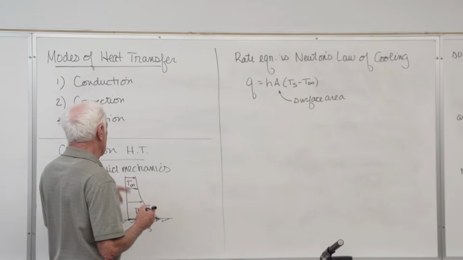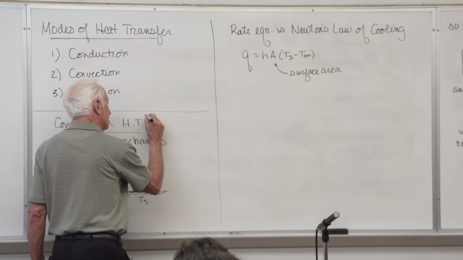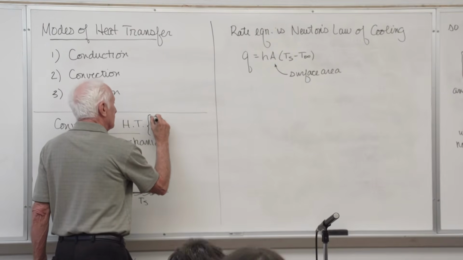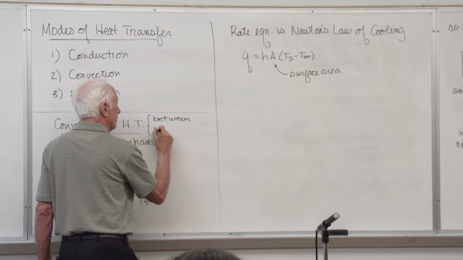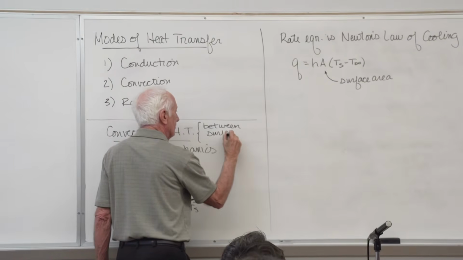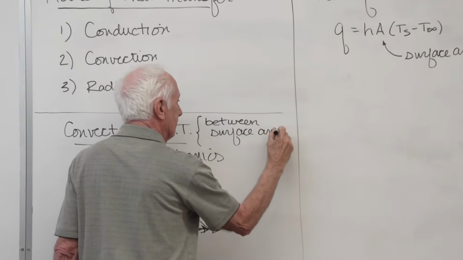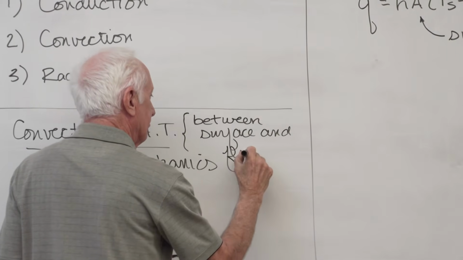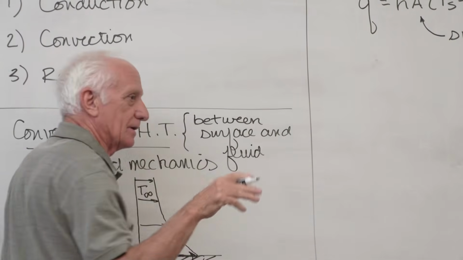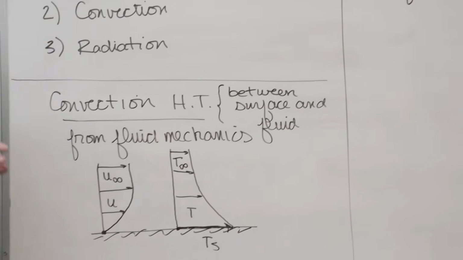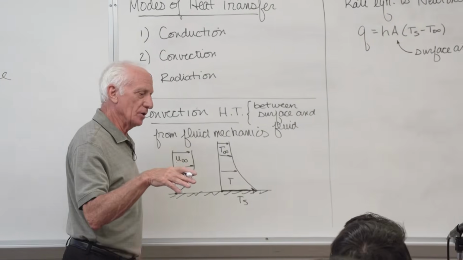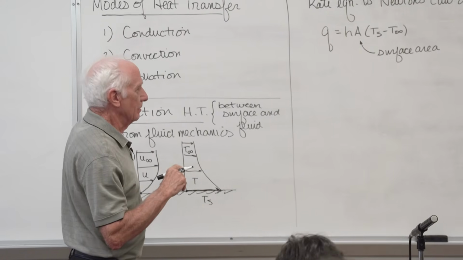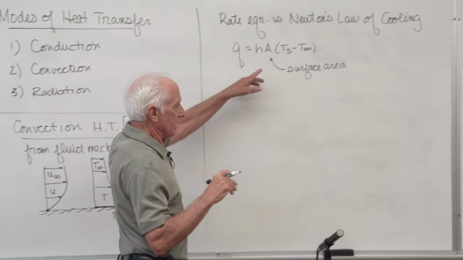I'm going to put here convection heat transfer, just so we know, between surface and fluid. To have convection, we have a surface and we have a fluid, and the fluid is moving over the surface. Okay. Surface area A.